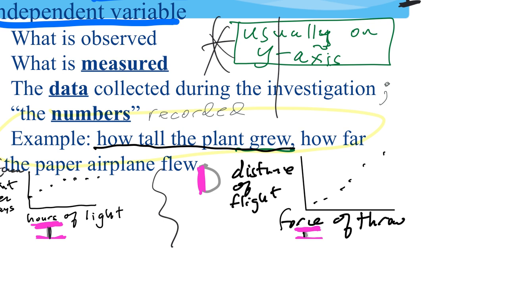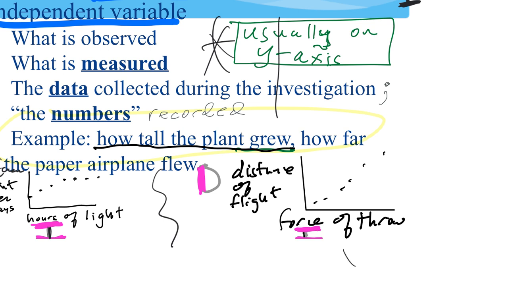So let's say I have a paper airplane, and the harder I throw it, the farther it goes. So the force that I apply on the airplane is the variable that I, the experimenter, am manipulating. That would be the independent variable.